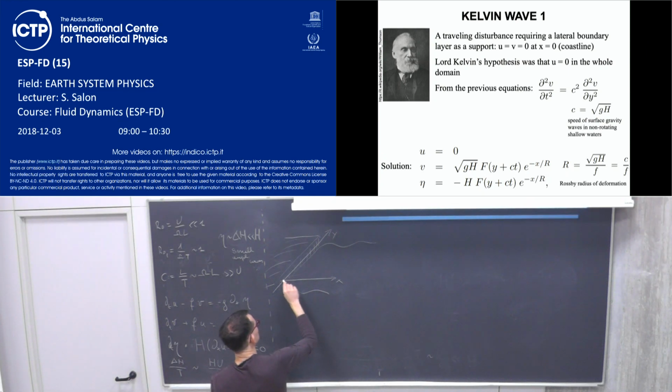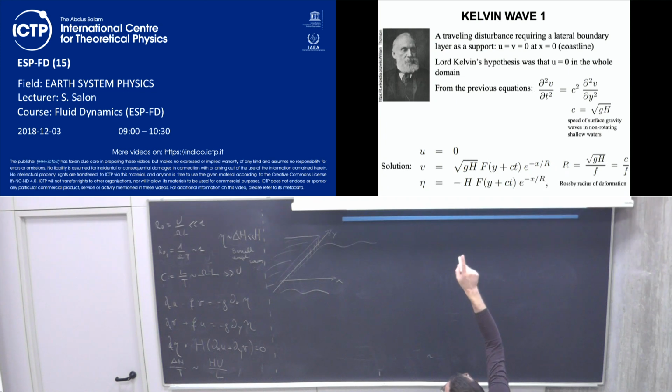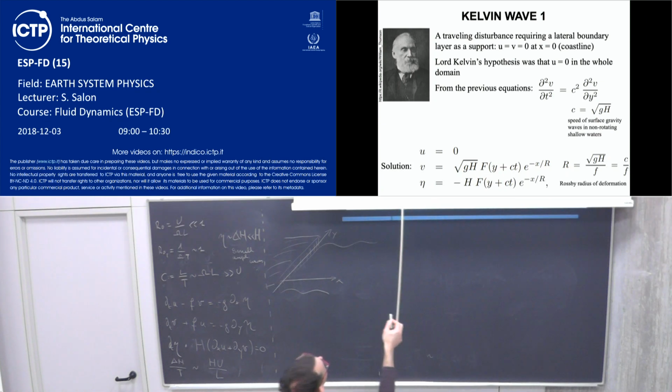So at x equal to 0, which is along this axis, I have the two velocities equal to 0. Moreover, the strongest hypothesis, which could be reasonable, because we can say that we do not have any kind of slip at the boundary. But what Lord Kelvin added was to consider u equal to 0 in the whole domain.